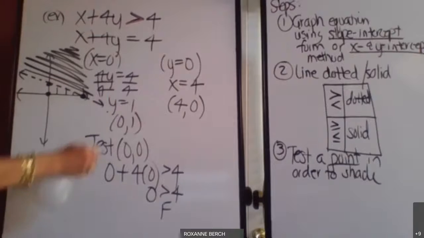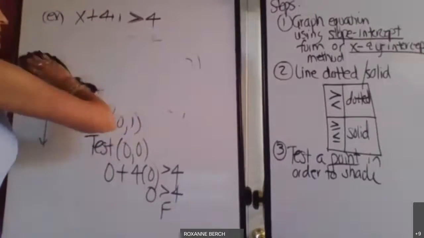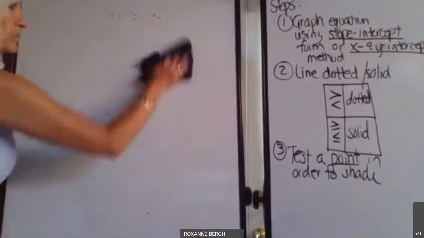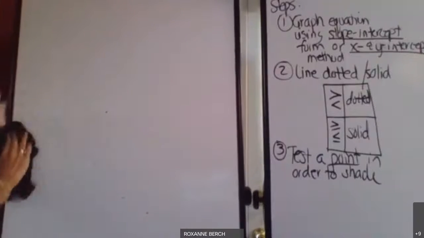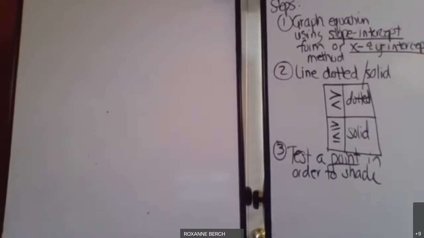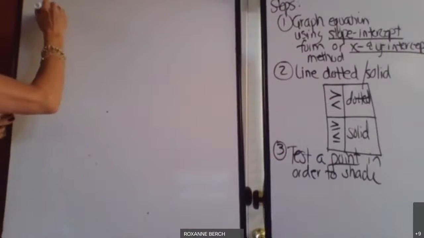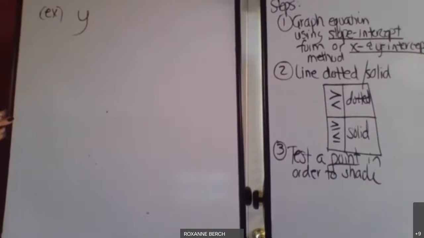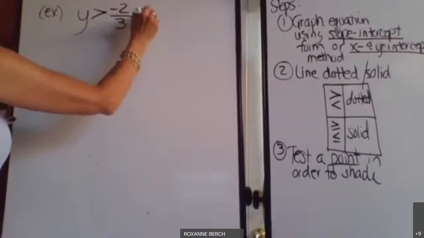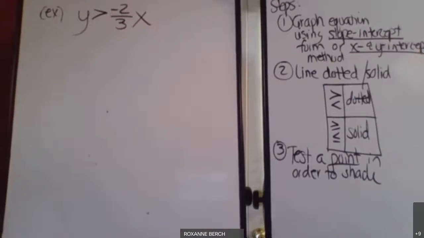All right, let's do one where it's easy to solve for Y. So Y is greater than negative 2/3 X. Now, we want to use slope-intercept form.